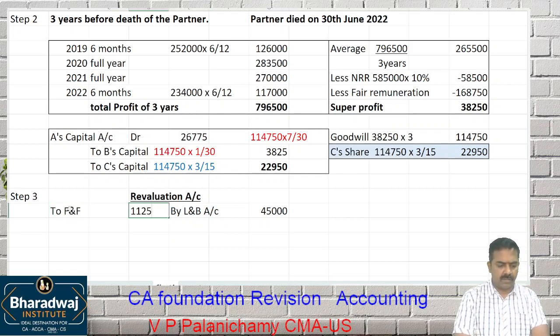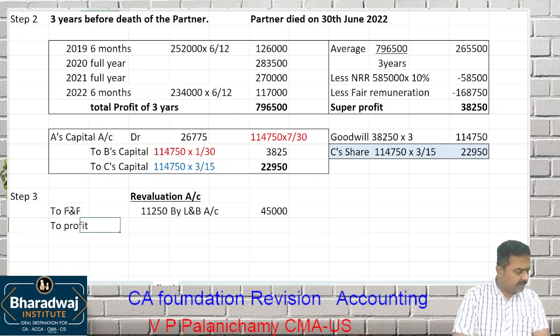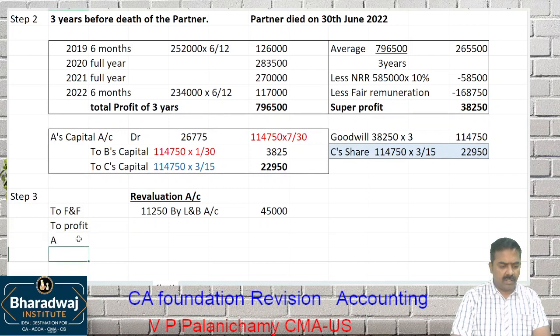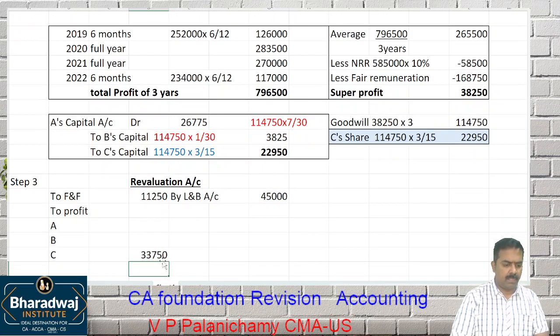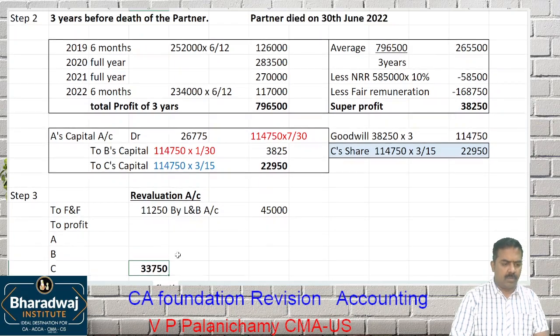11,250. Then the profit will be shared. Profit will be shared amongst what? All partners, A, B, C in the old ratio. What is the amount?